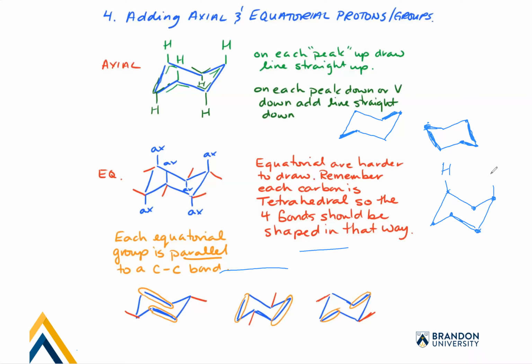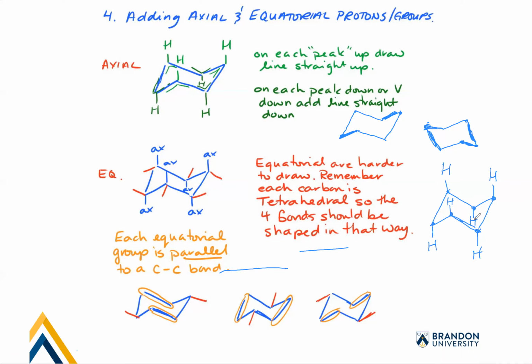H, up, up. And if it's a valley, just a line straight down. So those ones are the easy ones to draw. Peak up, you just draw a straight line up. Valley, just draw a line straight down.